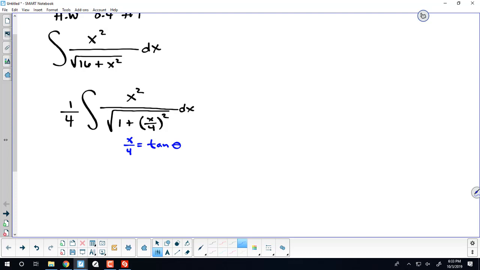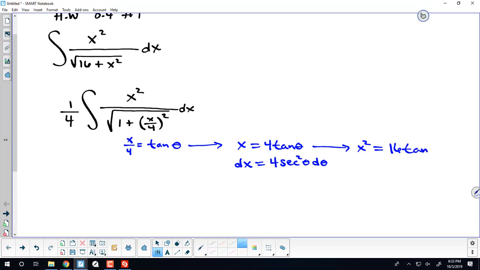I guess we'll look at it this way. x is equal to 4 tangent theta, and dx is 4 secant squared theta d theta. So x squared is 16 tangent squared theta.